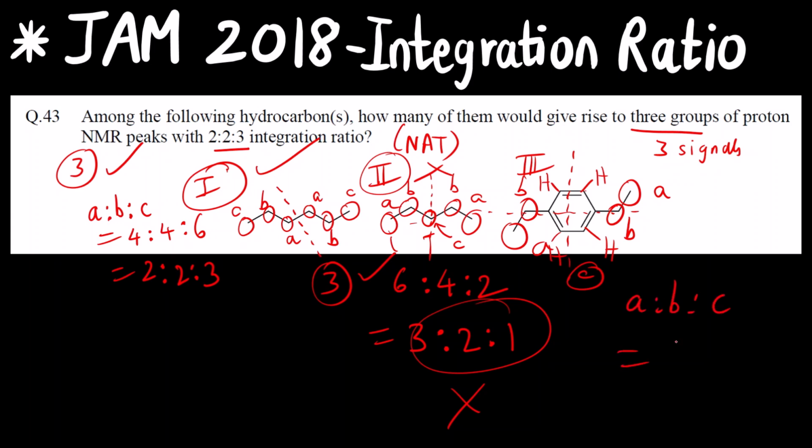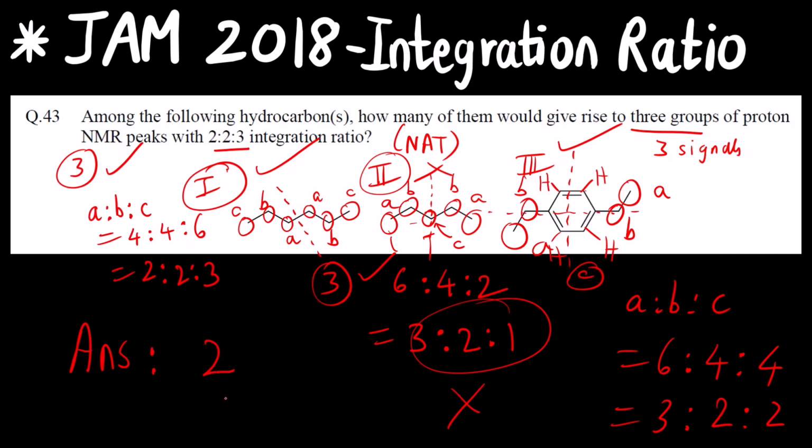A, CH3, 6 protons. B, CH2 plus CH2, 4. And C, the 4 protons attached to the benzene ring, 4. So 3:2:2. The third one is also satisfying. So 2 molecules are satisfying, and the answer will be 2. If you see the key, the answer written is 2:2:2. That means if you write any answer other than 2, your answer would be incorrect.